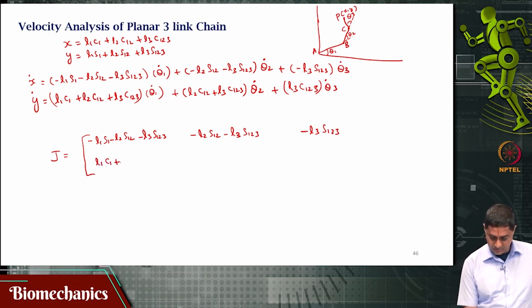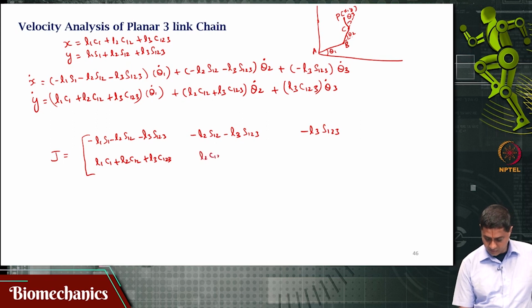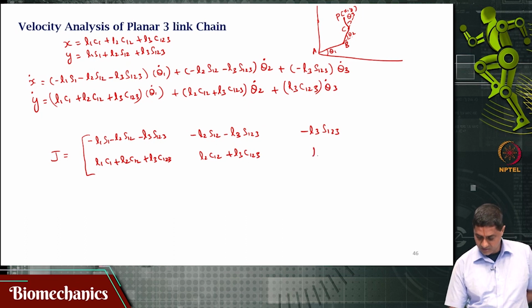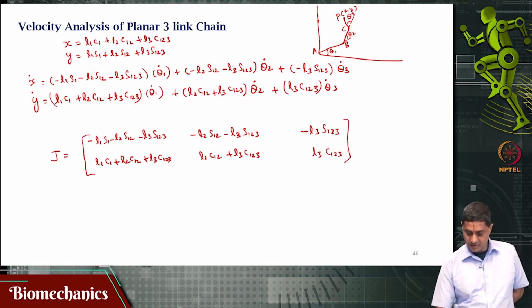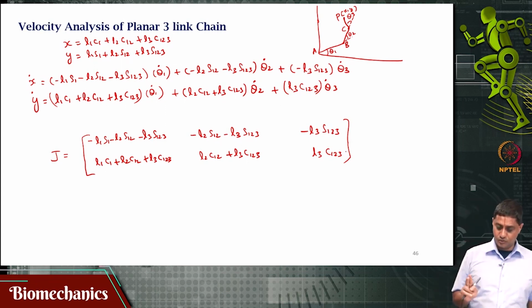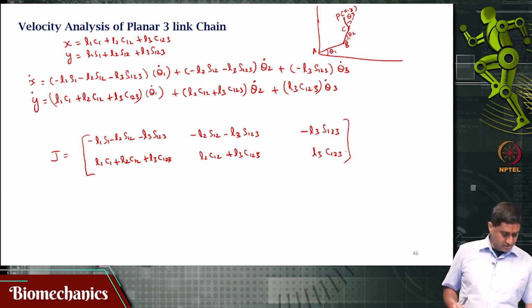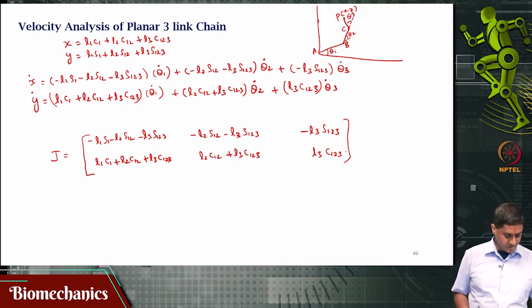The second row is L1C1 plus L2C12 plus L3C123, L2C12 plus L3C123, and L3C123. There are indeed 3 columns and 2 rows. This is not a square matrix.